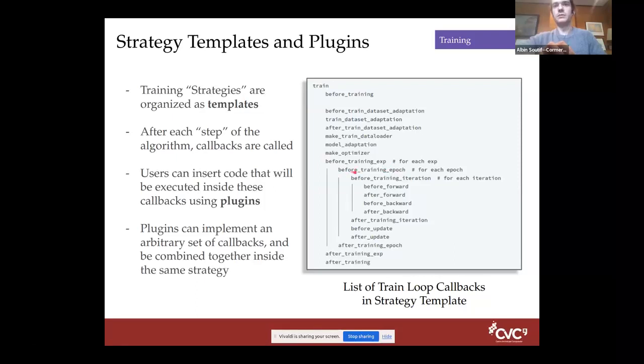So you have this before training epoch, and for each of these steps that the algorithm uses, you have a callback that is called, and that will trigger the plugins. And you have a callback before every step and after every step, so that you can really insert code in every part of the algorithm.